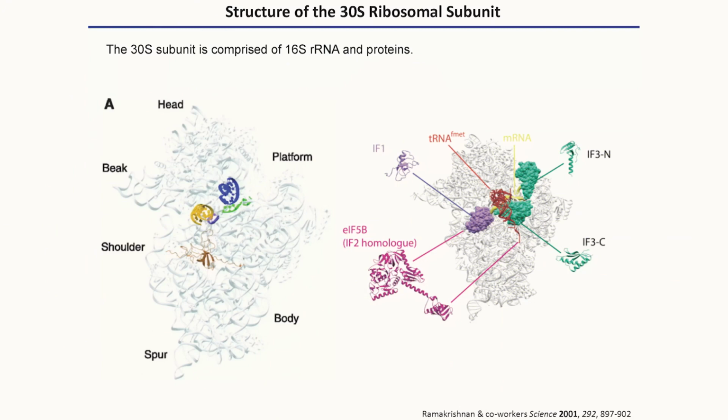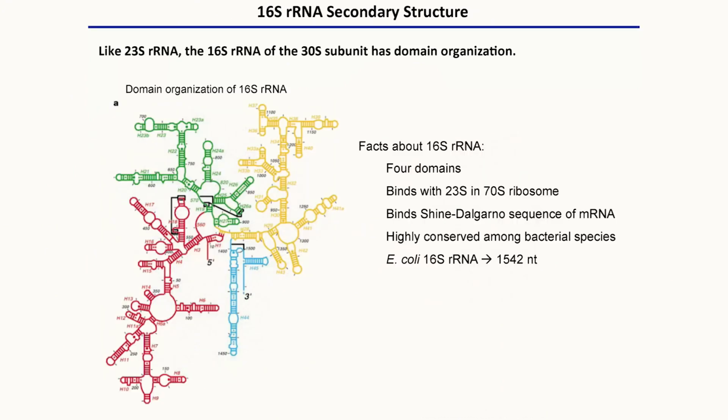And similar to what we saw for the 23S rRNA of the 50S subunit, the 16S rRNA also has structure. I just show you the domain organization here. Okay, so we see that there are 4 domains, and they're color-coded in green, yellow, blue, and red here.